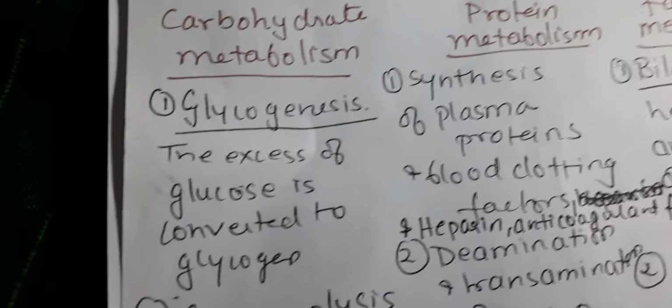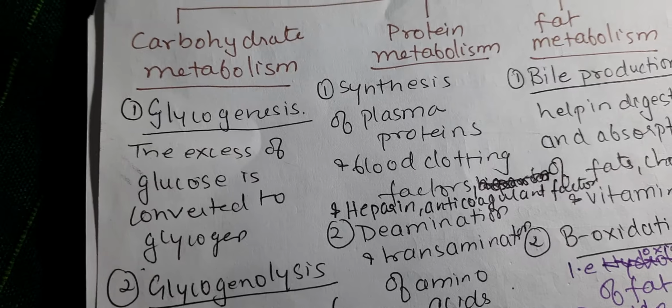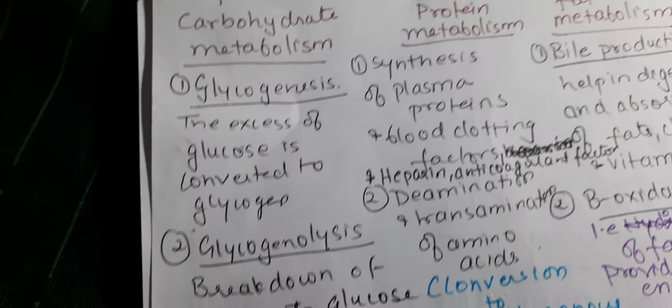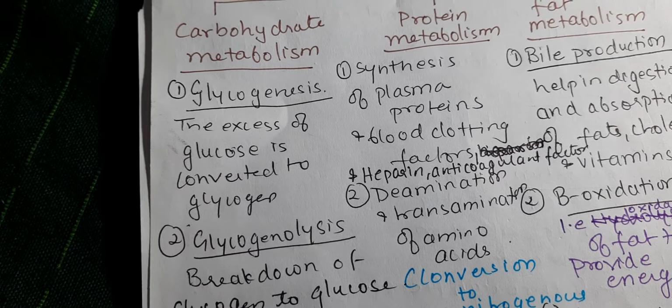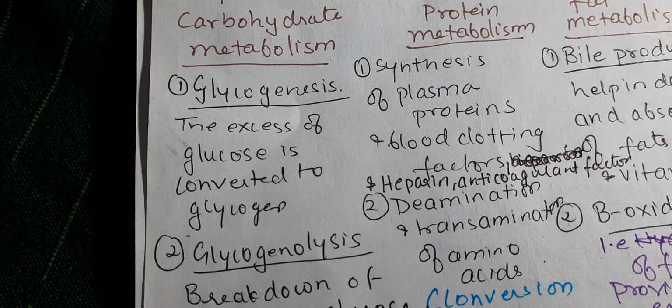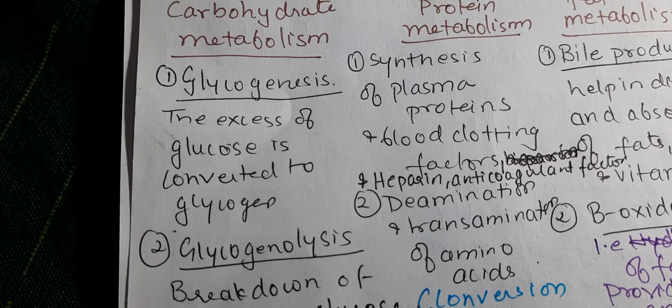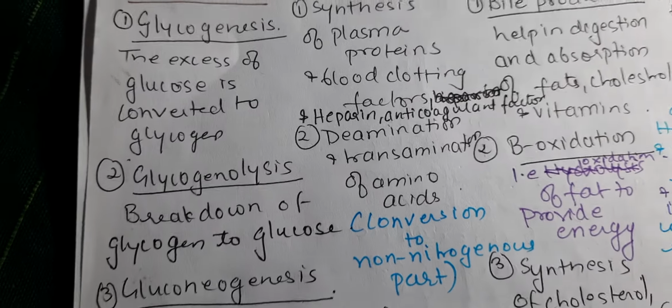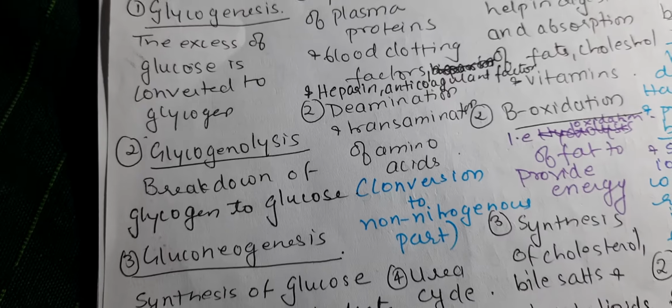Like carbohydrate metabolism, it does glycogenesis, where the excess of glucose is converted into glycogen. This process is called glycogenesis, and it takes place in the liver.